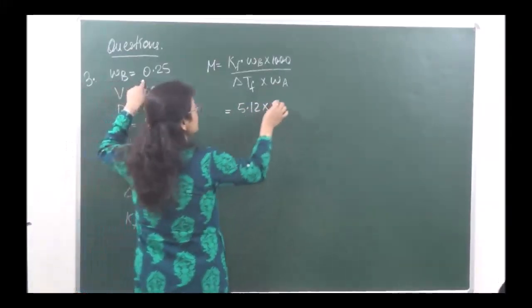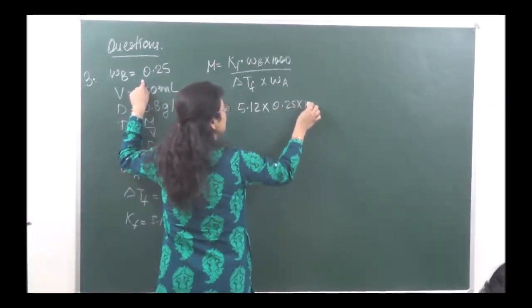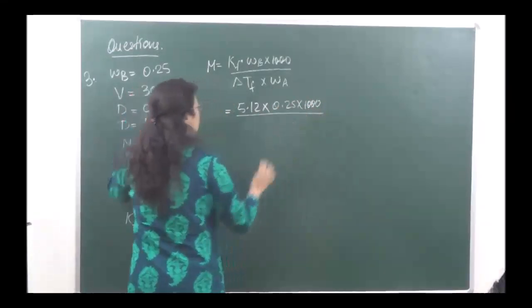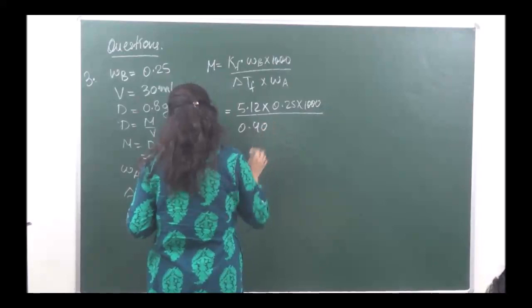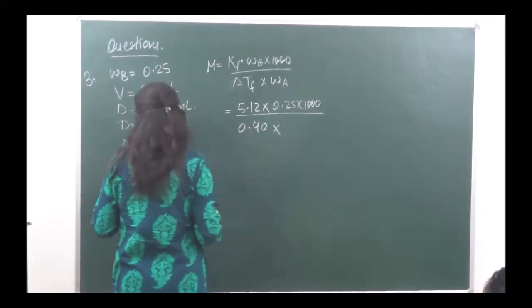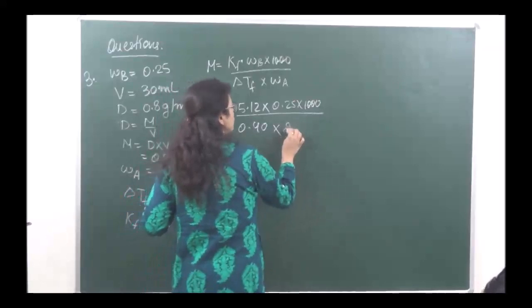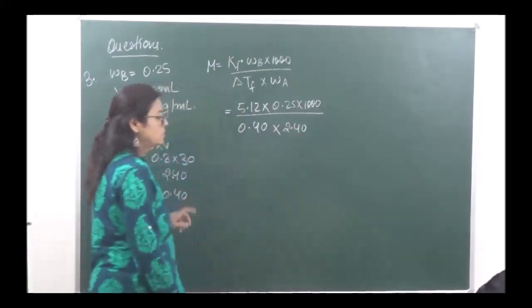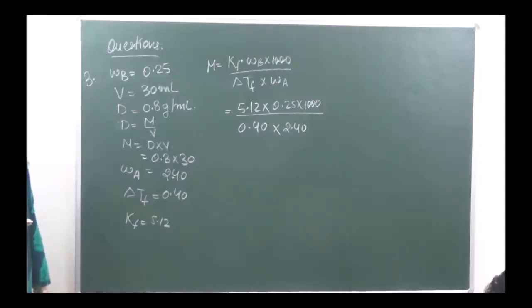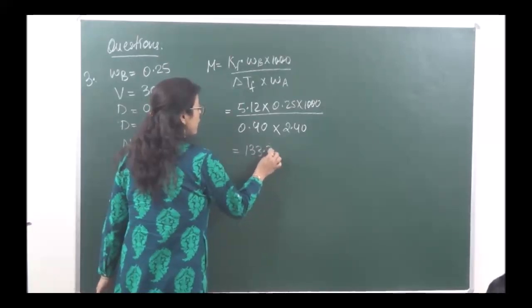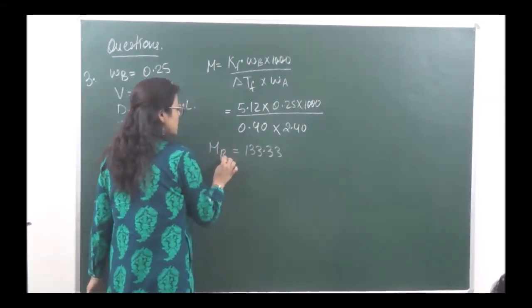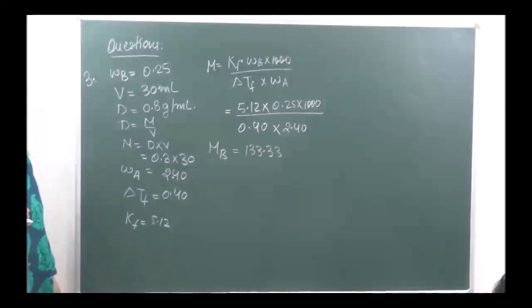Wb given to us is 0.25 into 1000 upon delta Tf given to us is 0.40 and Wa given to us is 2.40. Right? So when we do the calculations of this, the answer comes to 133.33. That is the molar mass. Got it? Let's go to question number 4.